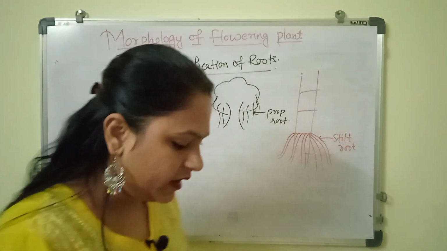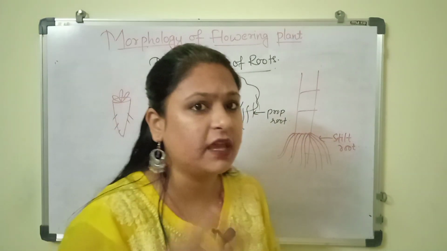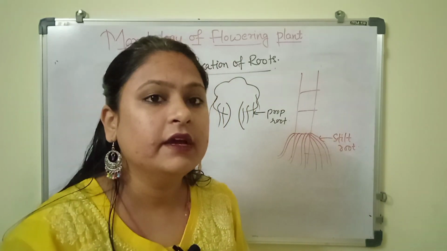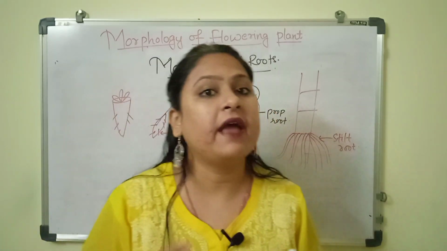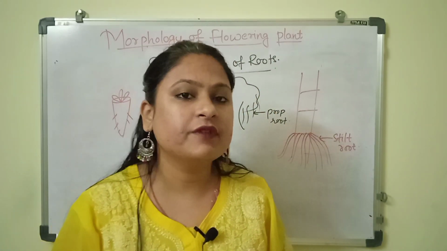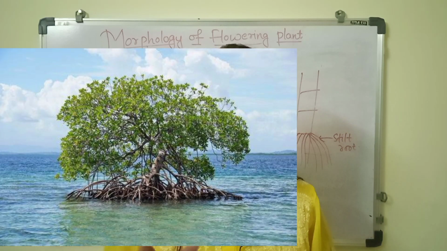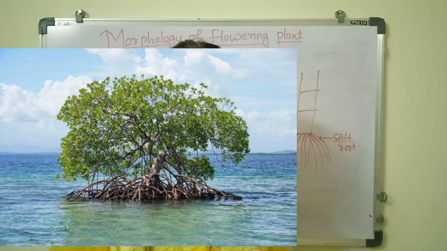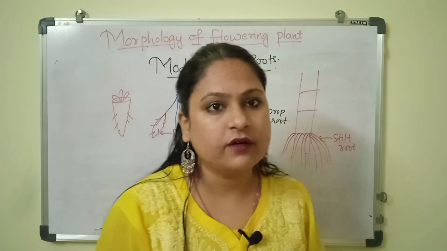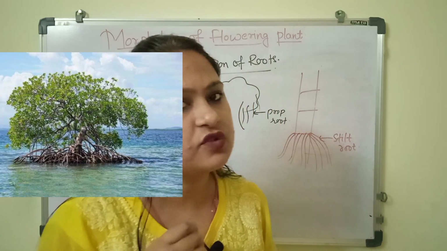Then there is a special type of root we can observe in plants such as mangroves. Mangroves are plants which grow in a swampy area. One example is Rhizophora.